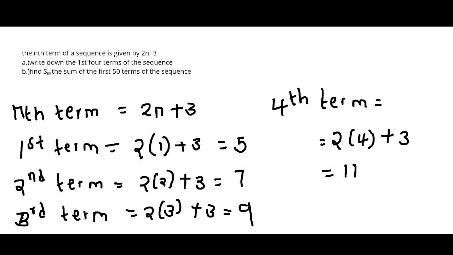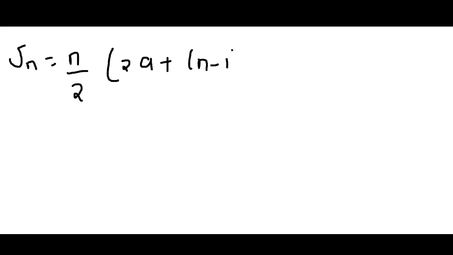Let's go and try part B, whereby it says find S50, the sum of the first 50 terms of the sequence. And as we all know, the sum in an AP is Sn equals n over 2 into brackets 2a plus n minus 1 d.